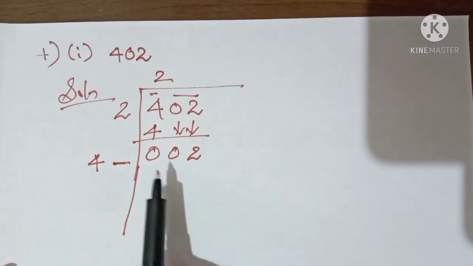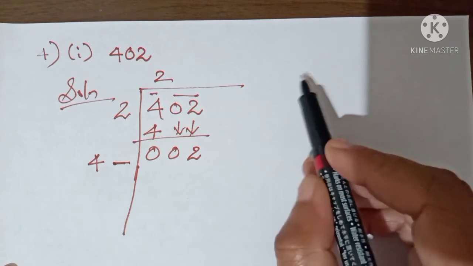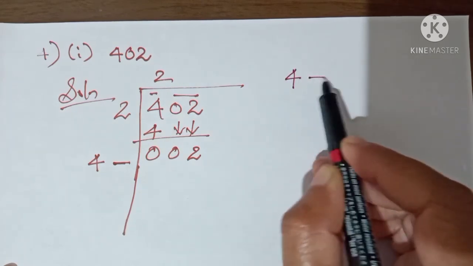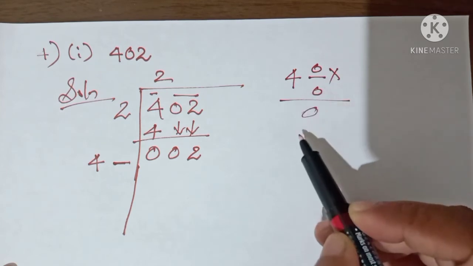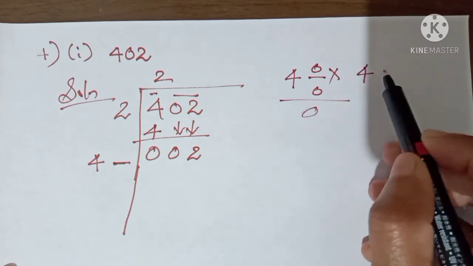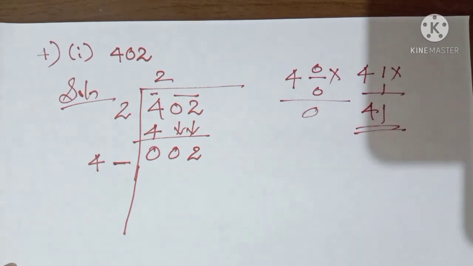So now look here. You are getting 2. If I substitute 4 in this place, 0 into 0, 0 into any number is 0, then I can take 1 and I'll be getting 41.